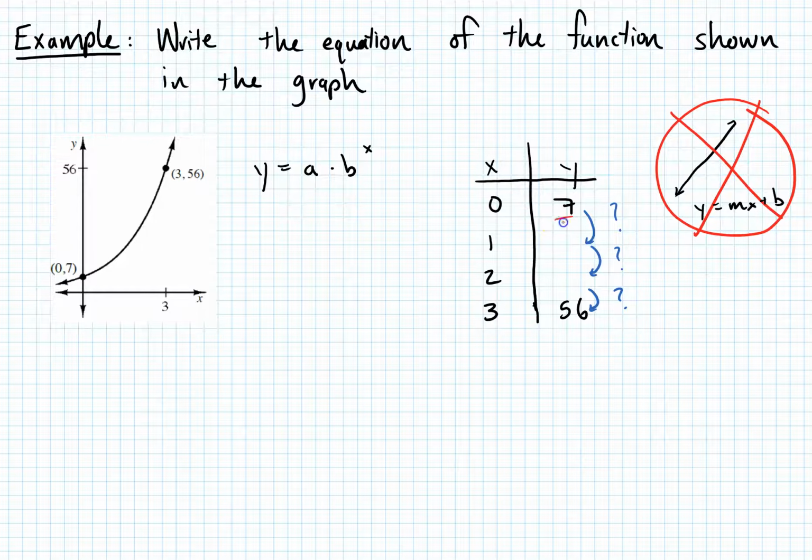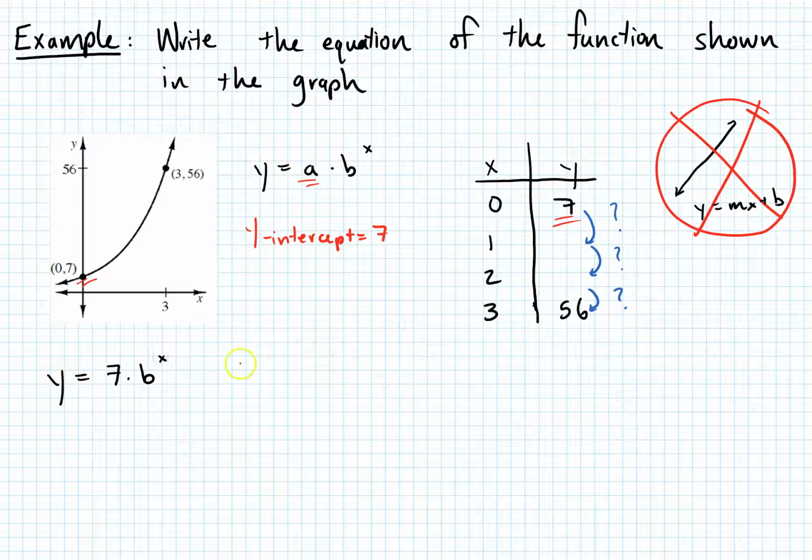However, we can find out what the y-intercept is, right? It's 7. Alright, so when we make our equation, it's going to be y equals 7 times something, so leave it as b raised to the power x. So I like to say leave b alone.